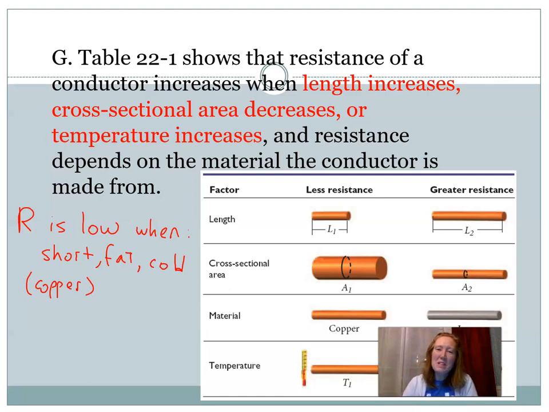So that's one way to remember that resistance is low when the wire is short, fat, and cold, because Santa comes from the North Pole. Then the material matters too. That part doesn't really go with Santa, but conductors are great, and a lot of our wiring in the United States is copper.